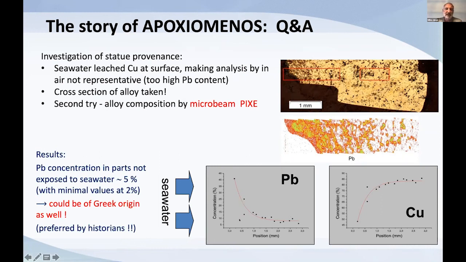But inside of the body it was always about 5%, which indicates that this is Roman, but could be Greek as well in extreme cases if that part is the majority.